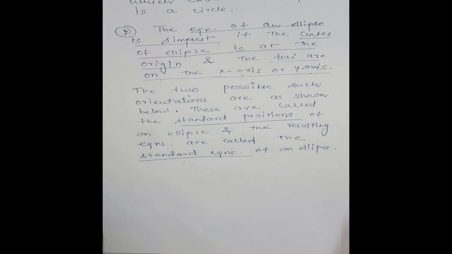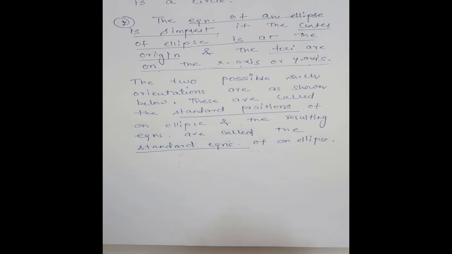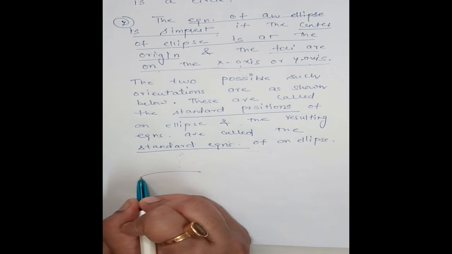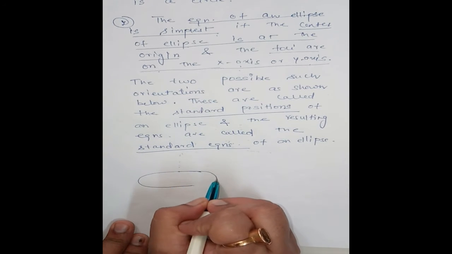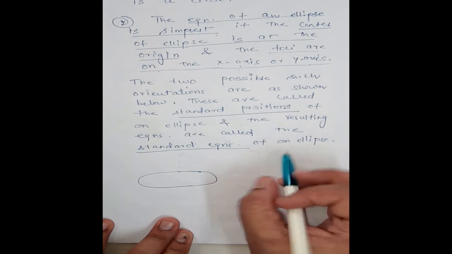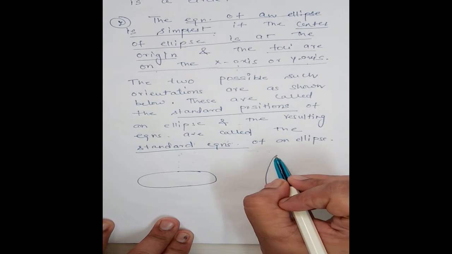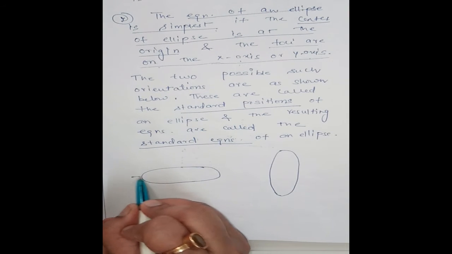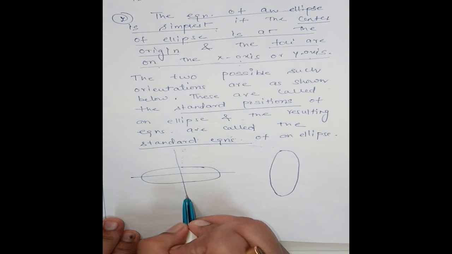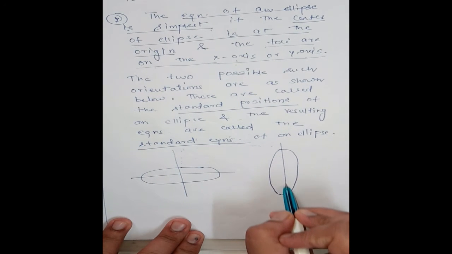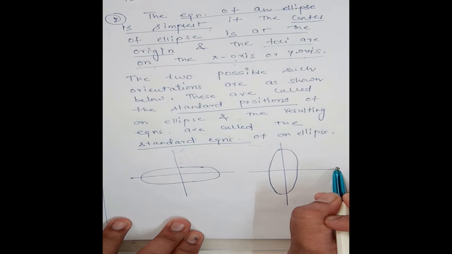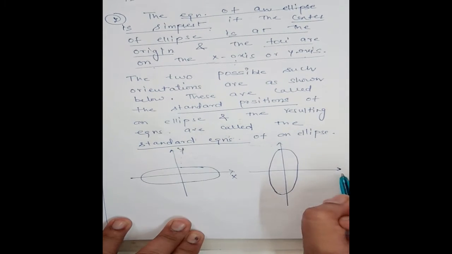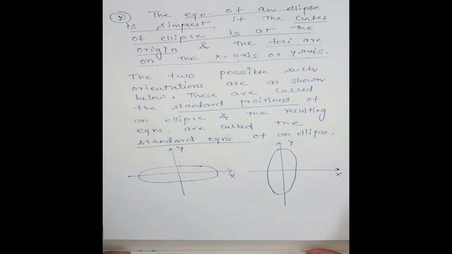Now, let us see the two standard equations. First, when the major axis is along the x-axis, this is the shape. And when it is along the y-axis, this is the shape. Here this is the x-axis, this is y, this is the x-axis, this is the y-axis.